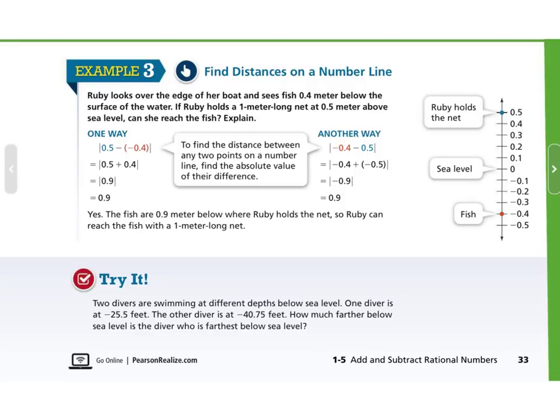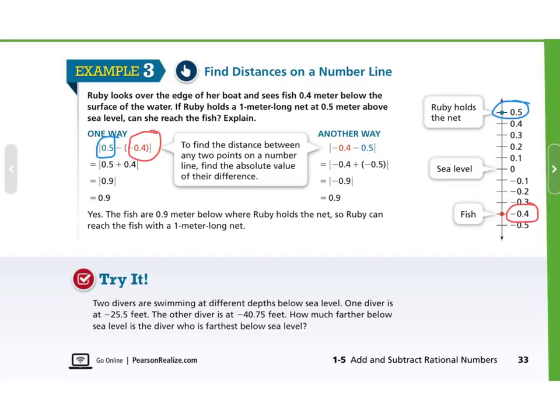One way is to show Ruby's net at a 1/2 meter or 5/10 of a meter above sea level. So that's this on the number line. And right here, it's our first rational number in our absolute value sign. And then to show the depth of the fish, which is at negative 4/10 of a meter, which is 4/10 below sea level.